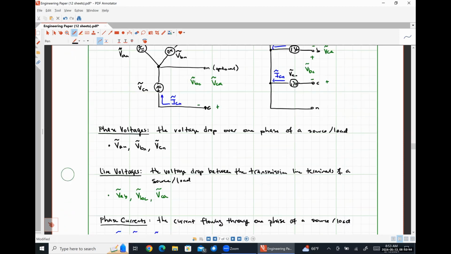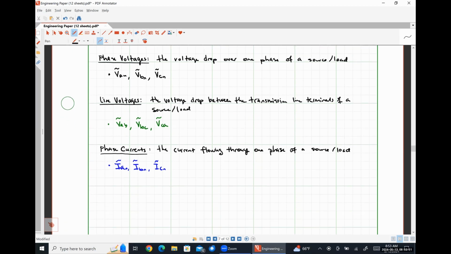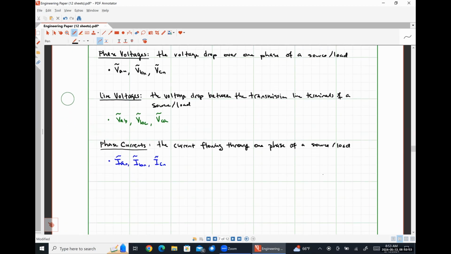And then lastly, and this isn't actually something that we're going to be able to draw on our diagram, we also have a quantity called a line current, right? So if we have phase voltages and phase currents, we should have line voltages and line currents.